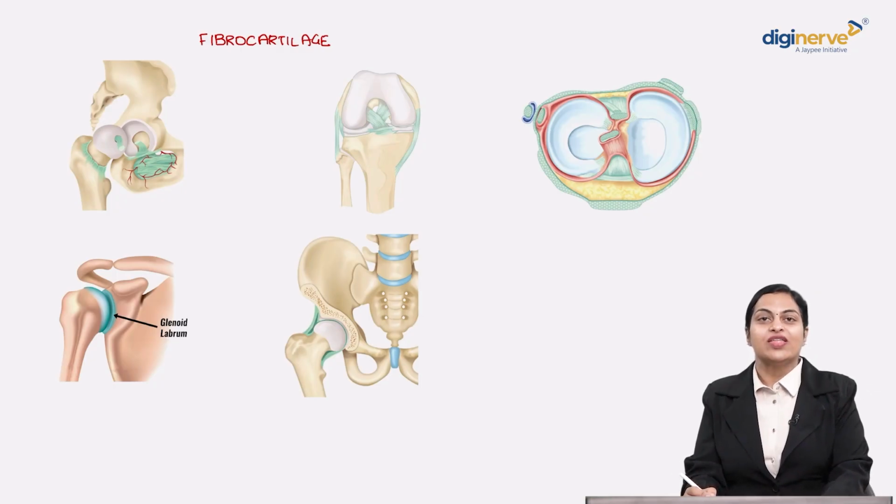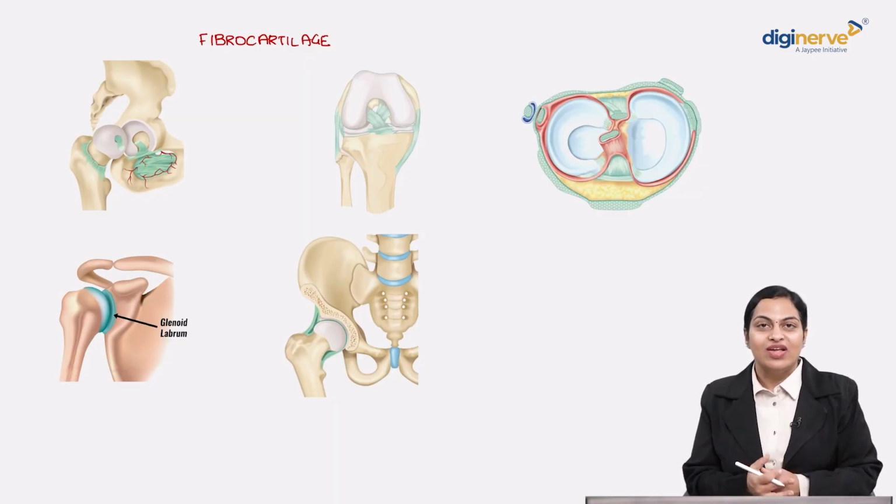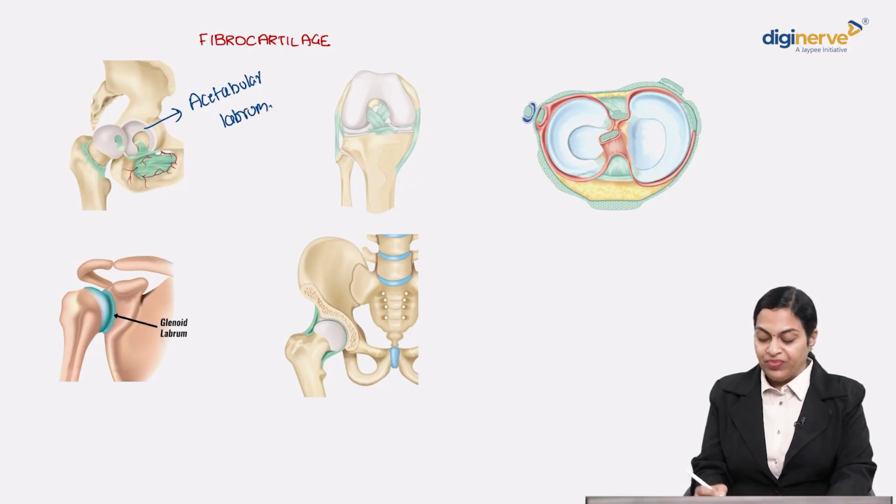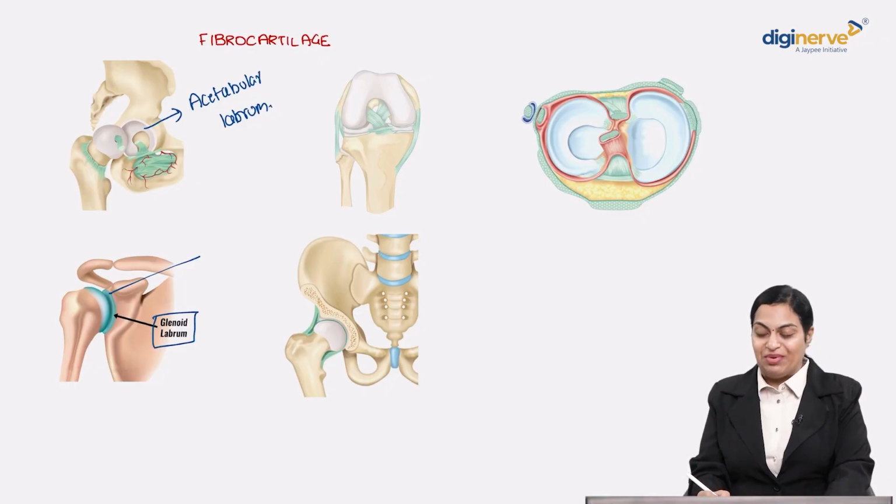Fibrocartilage, what are the sites in the body where you get to see the fibrocartilage? The fibrocartilage is strong like the hyaline cartilage, flexible like the elastic cartilage, but this doesn't calcify or ossify. So what is this in relation to your hip joint? Yes, the acetabular labrum. It is made up of fibrocartilage, and in relation to the shoulder joint, the glenoid labrum.